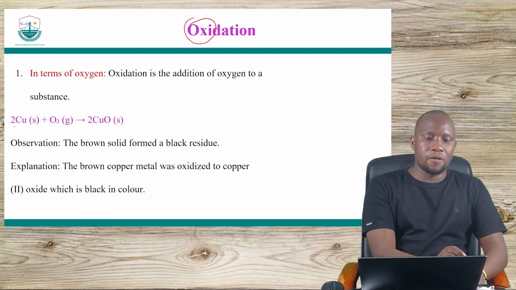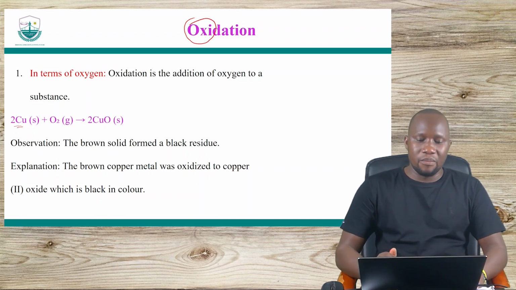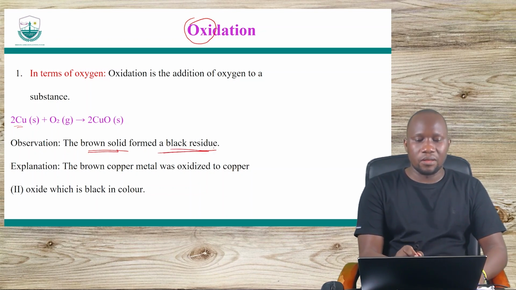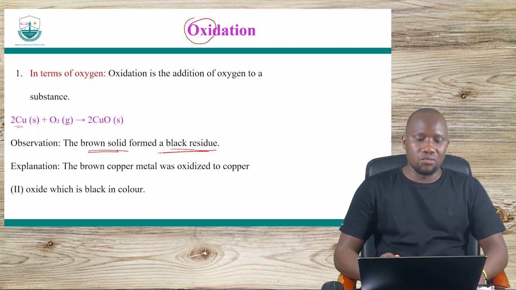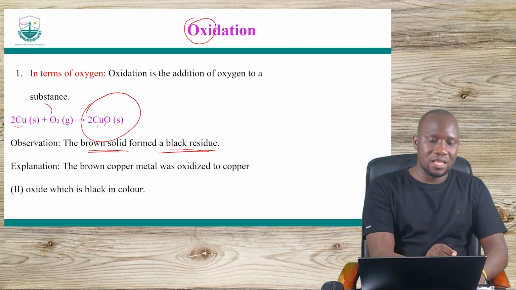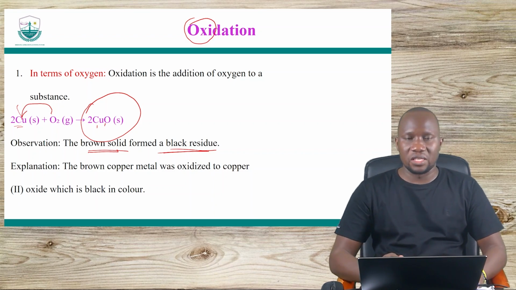When you have copper burning, the brown solid will form a black residue. That black residue is copper oxide. That copper oxide contains copper and oxygen. So you have added this oxygen to that copper for you to form copper oxide, which is a black solid.